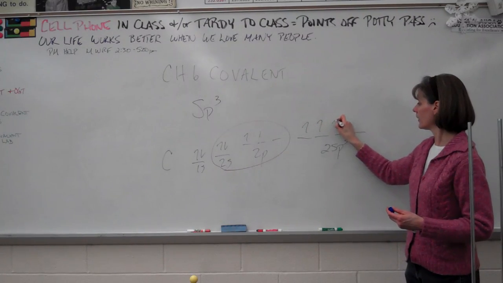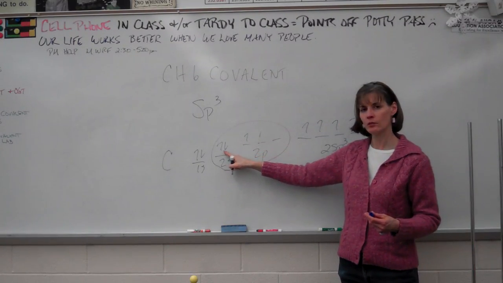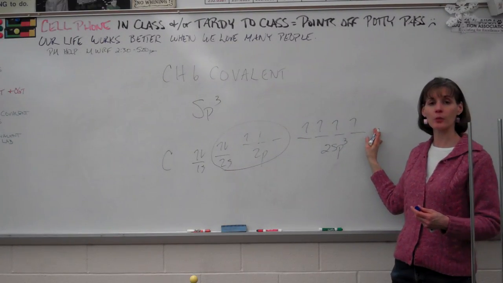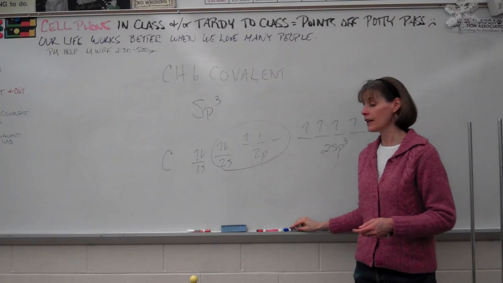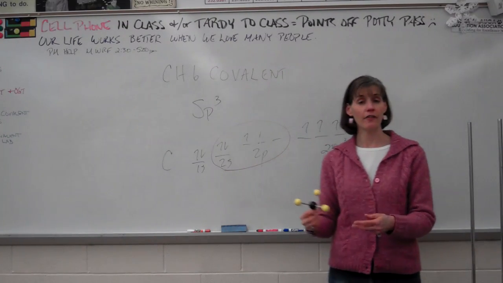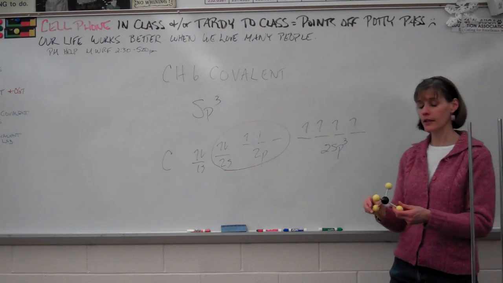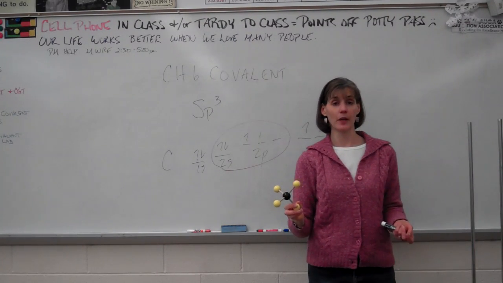And the electron here moves over, so that we have 4 places where carbon can bond with other things. If hydrogen comes along with its half-filled s orbital, a hydrogen can bond here, here, here, and here, and that's how we end up with this tetrahedral methane molecule.